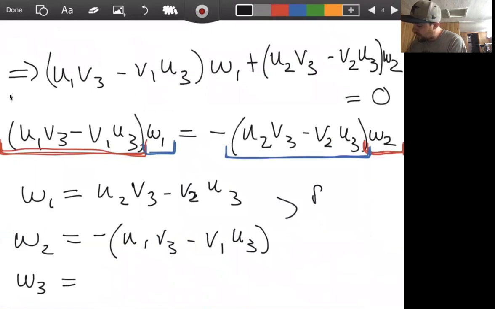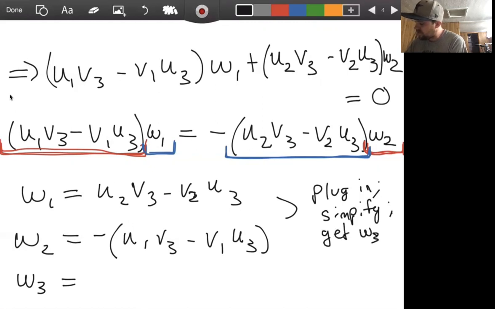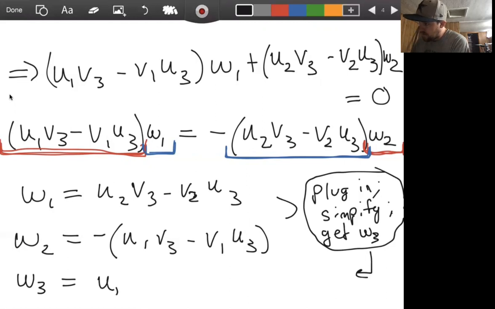Plug in, simplify, get w3. Okay, so this is the steps you would take to get w3. And if you do so, you get u1 v2 minus u2 v1.